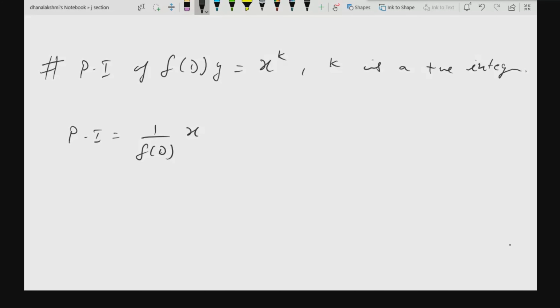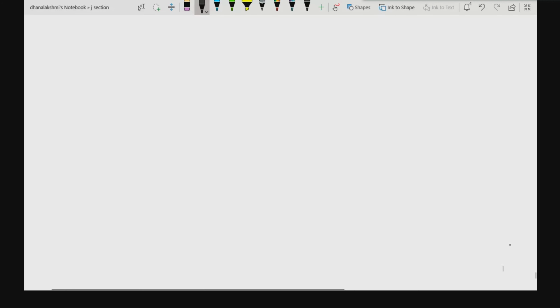Now what you have to do is reduce this f of d in the form of 1 plus or minus phi of d by taking the lowest degree term from f of d.